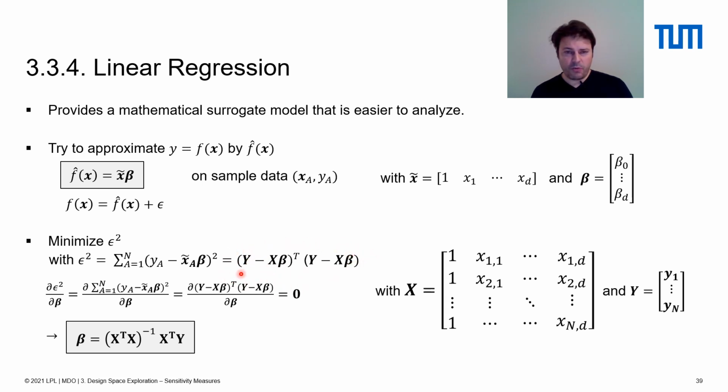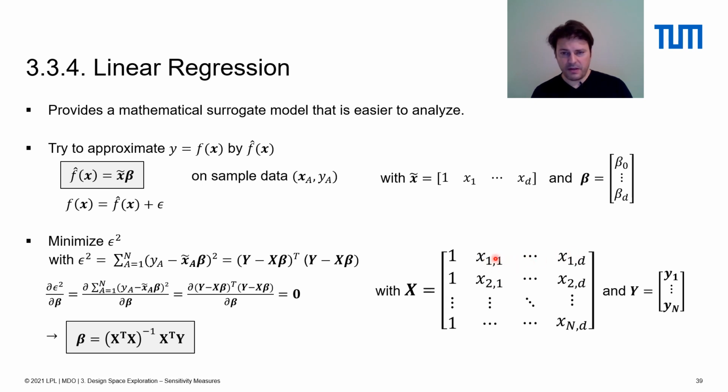where capital Y and capital X are defined as matrices, simply as a matrix of all sample values for your design variables. So all the sample designs are in here.